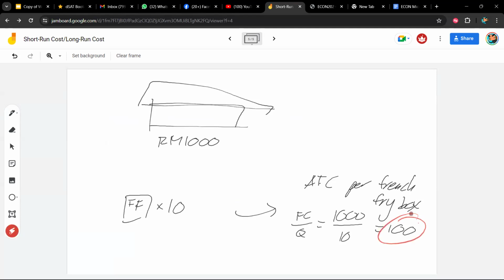So you can see how here my average fixed cost, not total cost, right? I think I need to put the F to be a bit longer. Your average fixed cost for each French fry box was 100 ringgit because I need to spend 1000 ringgit on the warehouse, which meant that for each of these French fries, the average cost turned out to be 100 ringgit.